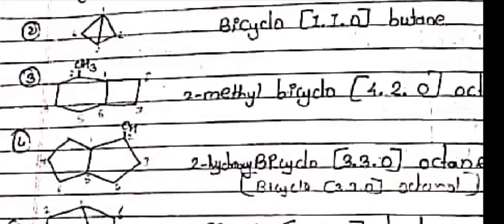So we count 1 2, then 1 2 3 4. The counting should be such that the bridgehead carbon is not included. Leaving the spiro carbon atoms, we count the other carbons and mention them, the highest first: 4 2 0.